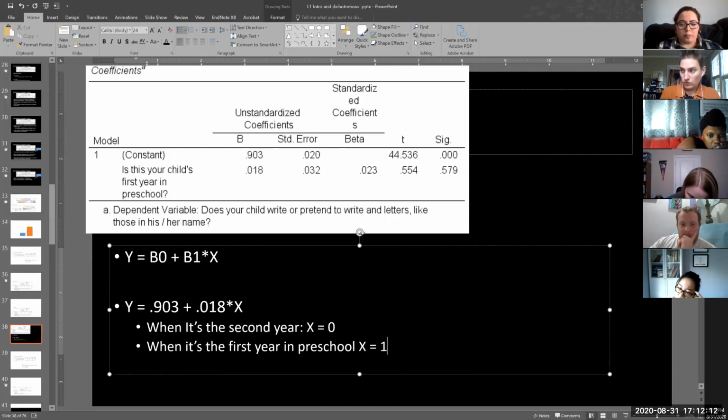So for any random person that I pick out of this sample, if their X value is 0, then I plug a 0 in right here, which cancels this whole thing out. And therefore, when it's the second year, their expected score equals 0.903.